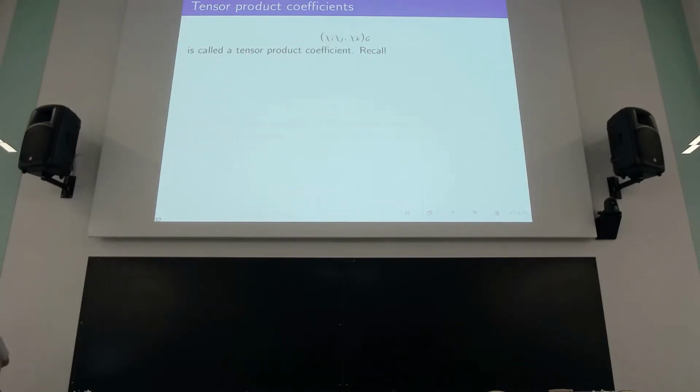Okay, so what are the tensor product coefficients? This inner product of three characters, Chi-I, Chi-J, comma Chi-K, is called the tensor product coefficient because of the following reason. There is a tensor product representation.